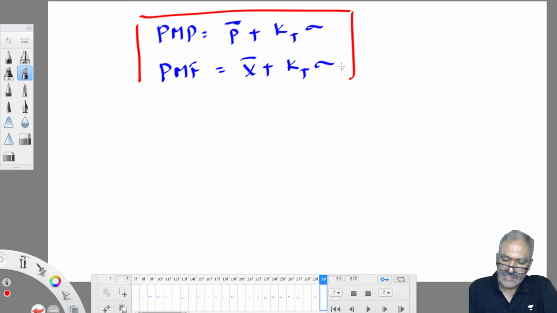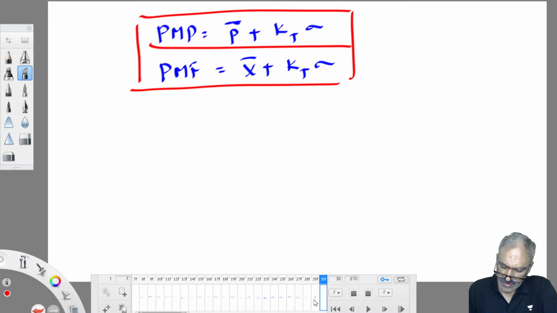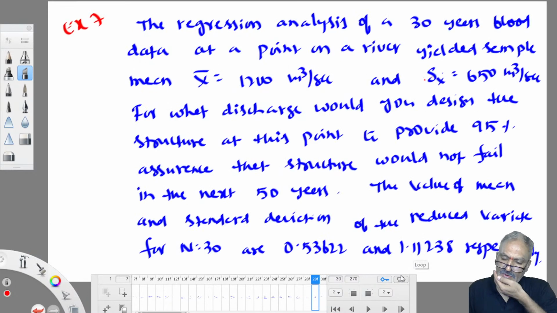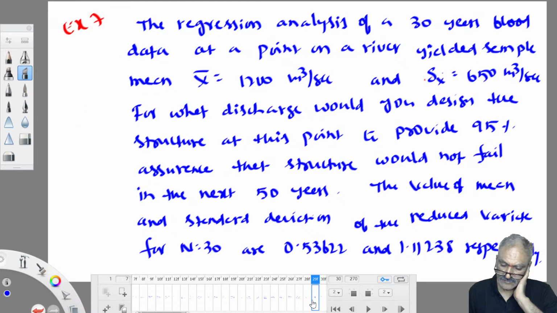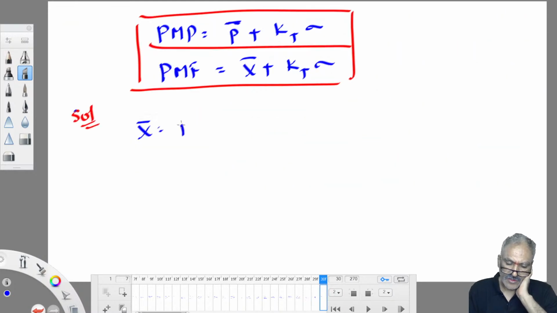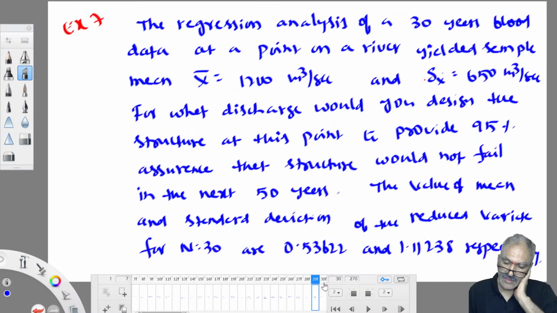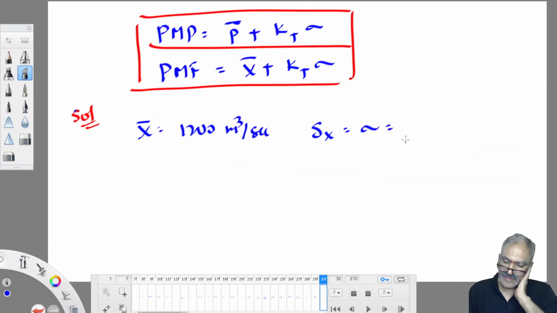So in this equation, what is given? X bar is given, sigma is given. In this question, X bar is given as 1200 meter cube per second. Sx is nothing but sigma, the standard deviation, given as 650 meter cube per second.